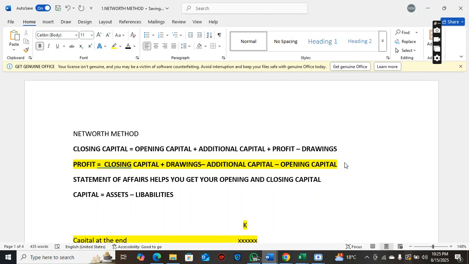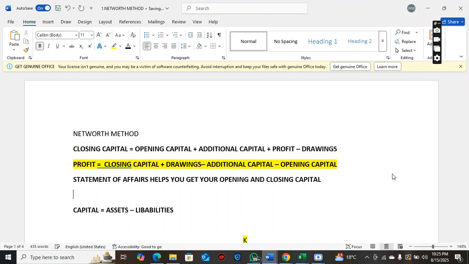And this statement of affairs uses the accounting equation. Remember the accounting equation? Assets equals liabilities plus capital. I'm going to show you how we use the statement of affairs.